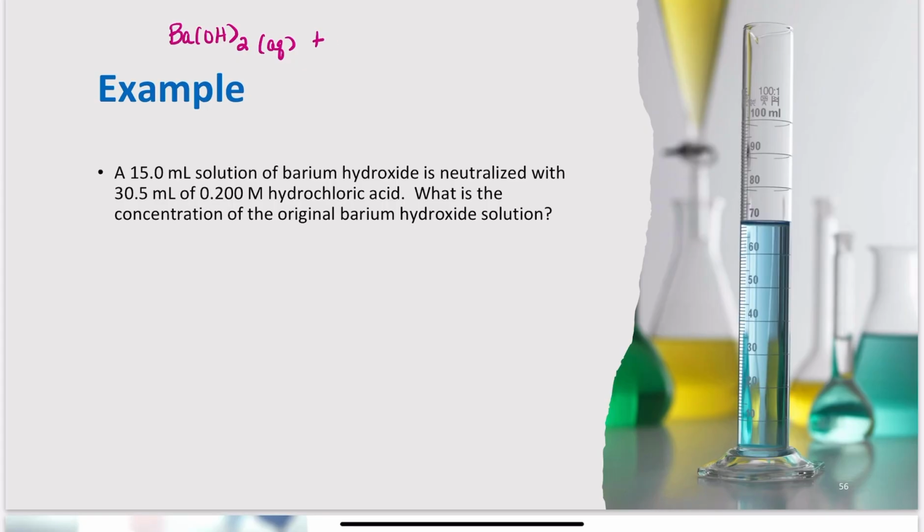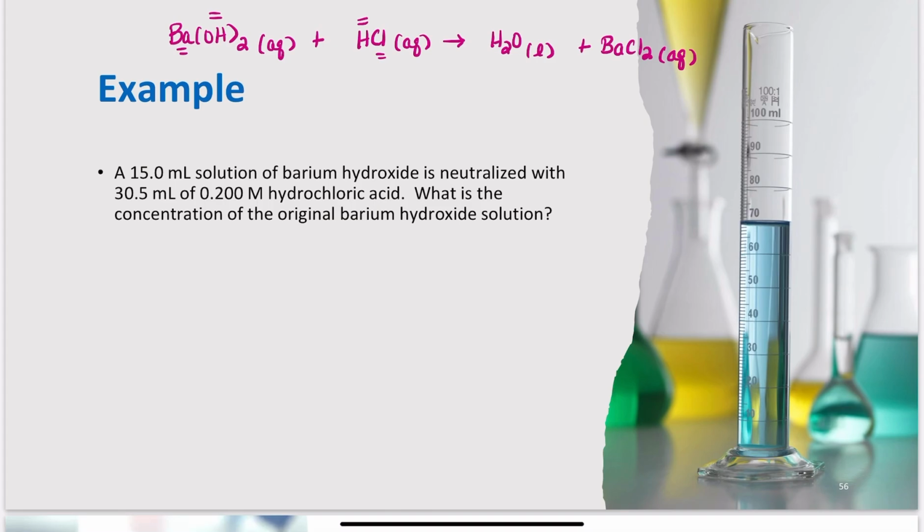I'm going to react this with HCl. Swap partners here. Barium to the chloride, the proton to the hydroxide. So I form water and BaCl2. I need 2 chlorides for every 1 barium. I do need to balance this.